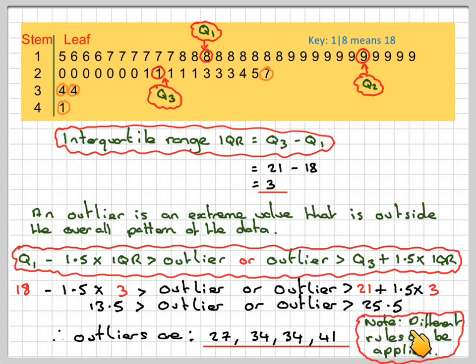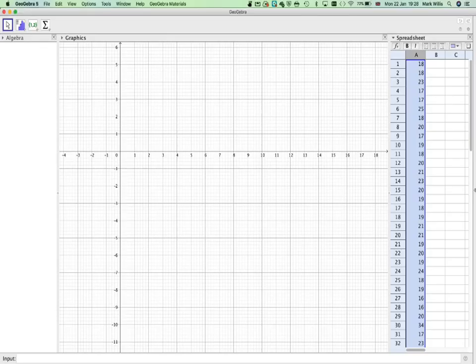However, note that different rules can be applied. This is just using this particular rule, which is quite common, and seems to be used by calculators and the graphical calculator. We can look at this by going to GeoGebra. I've put all the raw data in from this column here.